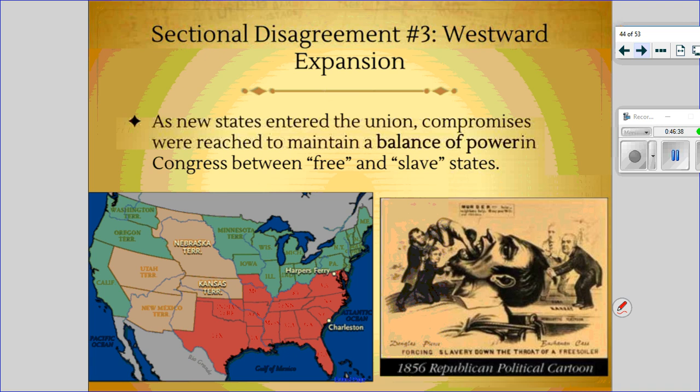As we acquire territory, those territories have to be converted into states. And the big question is, are they going to be free states or slave states? Why does that matter? If it's a free state, that means free state senators in the Senate and free state representatives in the House of Representatives. So what's actually at stake here is who's going to control the country, pro-slavery or anti-slavery people.